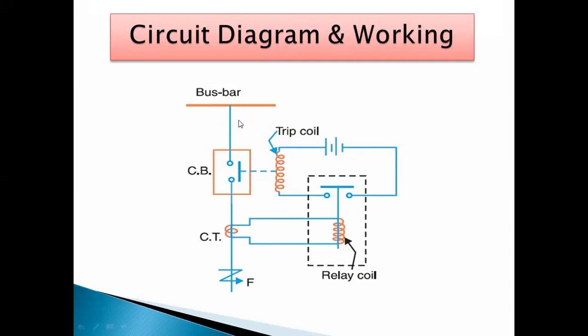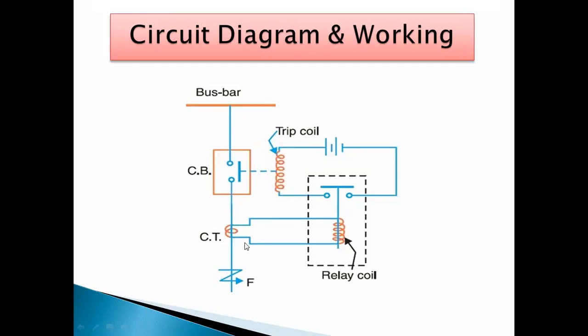Here your bus bar is there, then this is the circuit breaker, and these are the CTs, means current transformers. Here the fault has occurred in this line, and this is the CT primary, and this relay coil is nothing but the CT secondary. These are the contacts, normally open and normally closed, and this is the tripping coil.